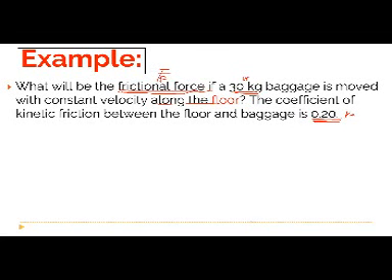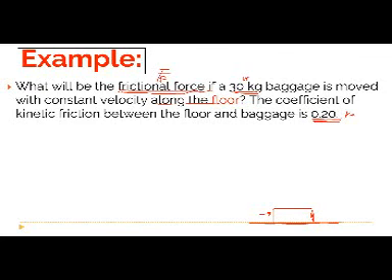So if this is the floor, then the baggage is at the top of the floor. Then it is moving at a constant velocity, so there is an applied force. The mass of the baggage is 30 kilograms.